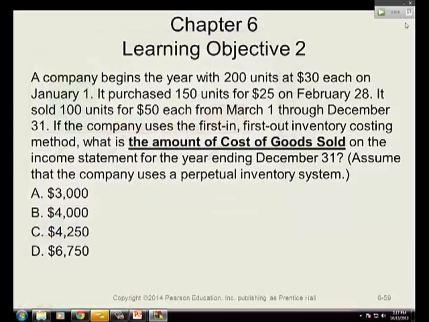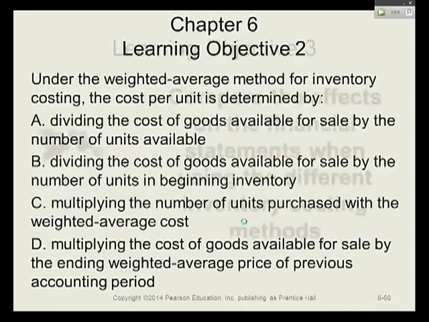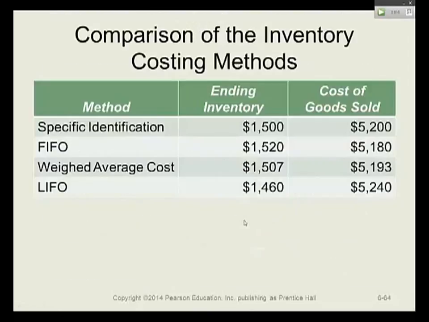Now, with the remaining 3 minutes, here's the comparison. Let's go through this comparison again. Now the table, if you're looking at slide 64, which I could put on the screen.